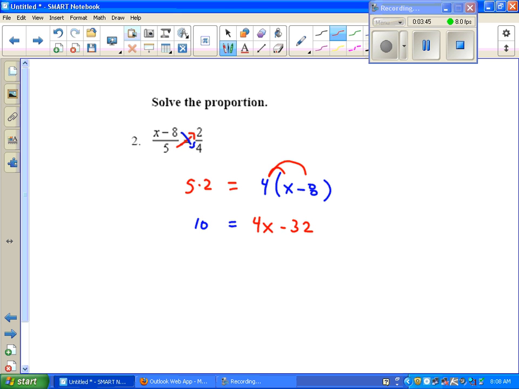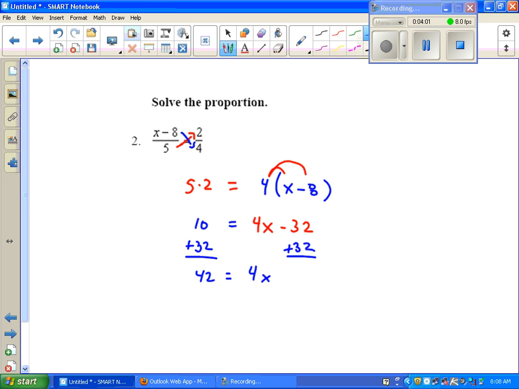Once you have it in this form, it's easy for most people. Undo your subtraction of 32 by adding it. Do the same thing to this side. It's going to give you 42 equals 4x.